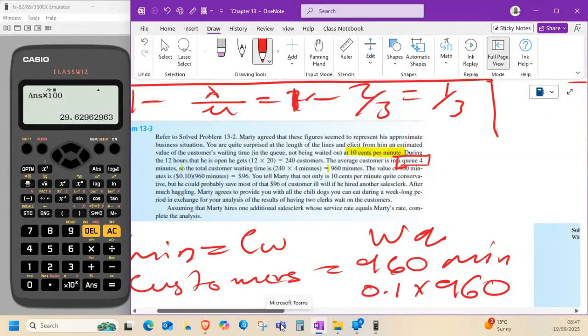After much haggling, Marty agrees to provide you with all the chili dogs you can get during a week-long period in exchange. Assume that Marty hires one additional salesperson whose service rate equals Marty's. Compute the analysis.